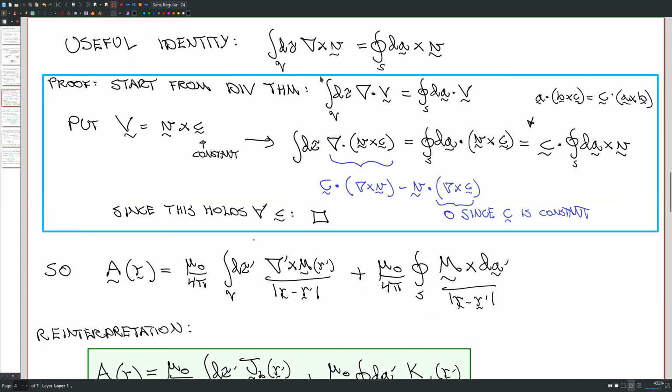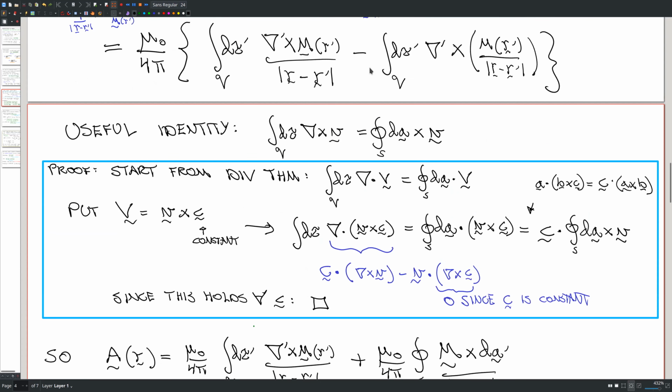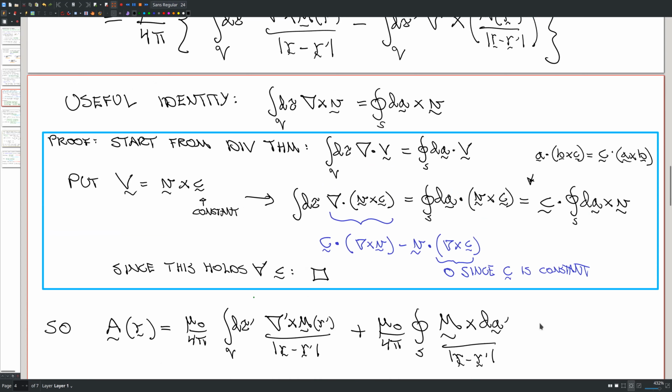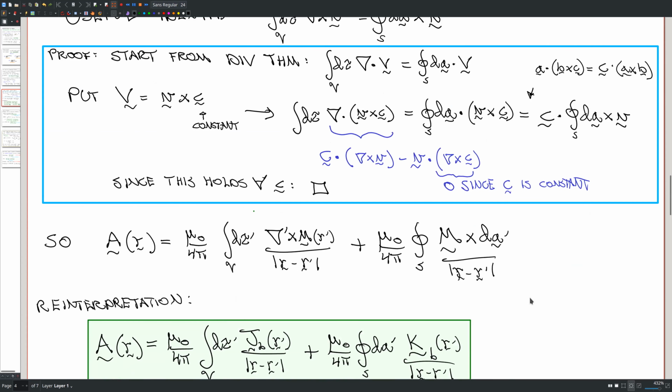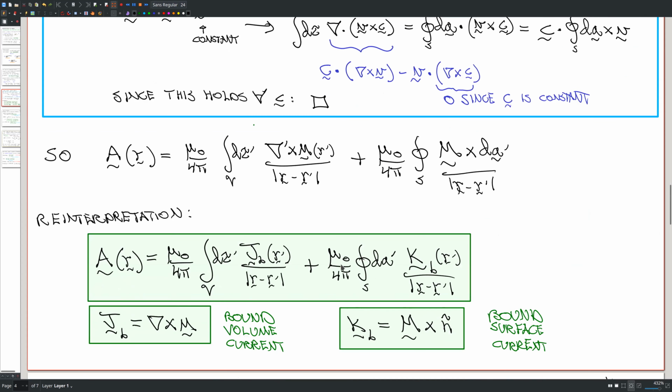The point is that when we have this identity at our disposal, we can just use it straight to rewrite the second term that we have in here in terms of a surface integral. So as an identity, we've rewritten our vector potential as the sum of two terms, one volume contribution and one surface contribution.